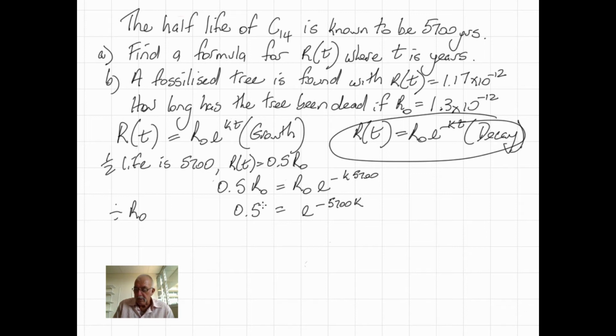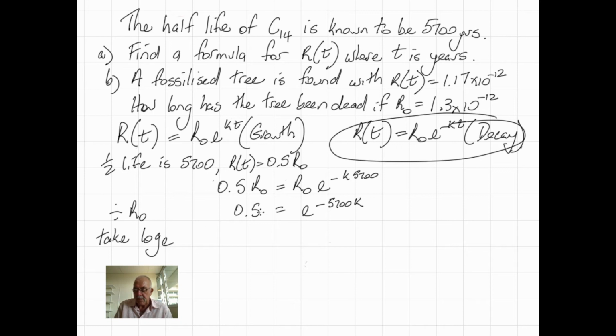Already we've looked at a technique for solving when you've got e and the unknown k in the power, which is to take logs, and because we've got e, we'll take logs to base e. Now instead of writing ln, natural log, I'll use the other way of writing it, so just get used to both of them.